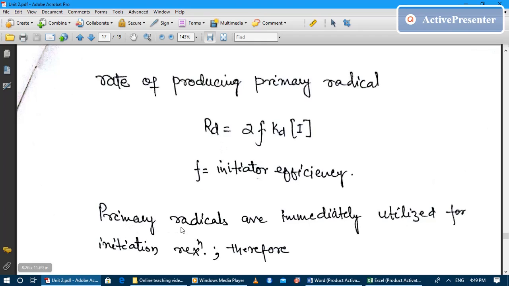So primary radicals means R dot, and secondary radicals mean any form of M dots: M1 dot, M2 dot, M3 dot, likewise. So primary radicals are immediately utilized for the initiation reaction.